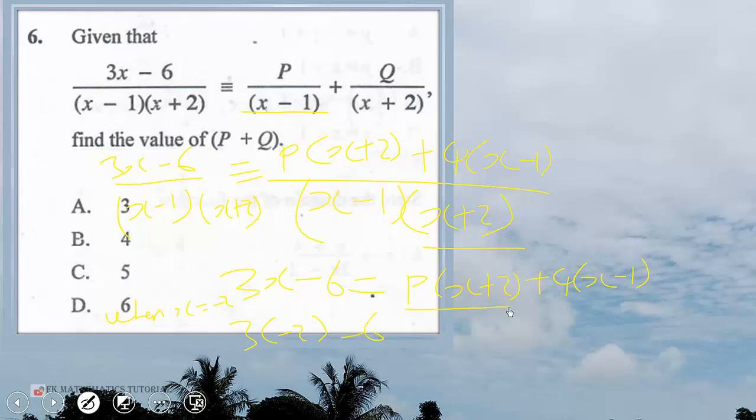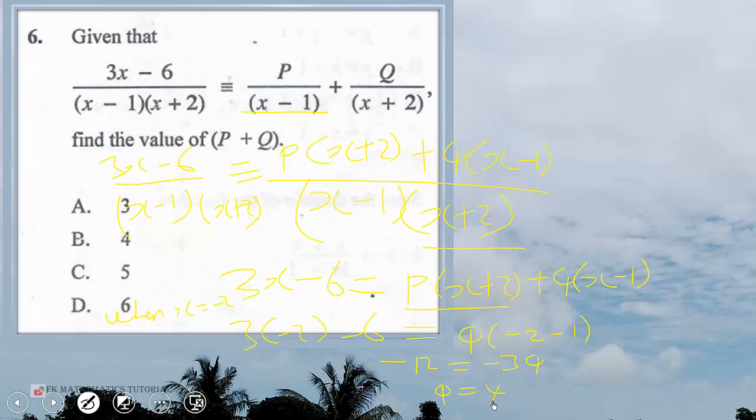This will become 0. So it is equal to q into bracket negative 2 minus 1. So this will give us negative 6 minus 6, which is negative 12, equal to negative 3q. Dividing both sides by negative 3, we get q is equal to 4.